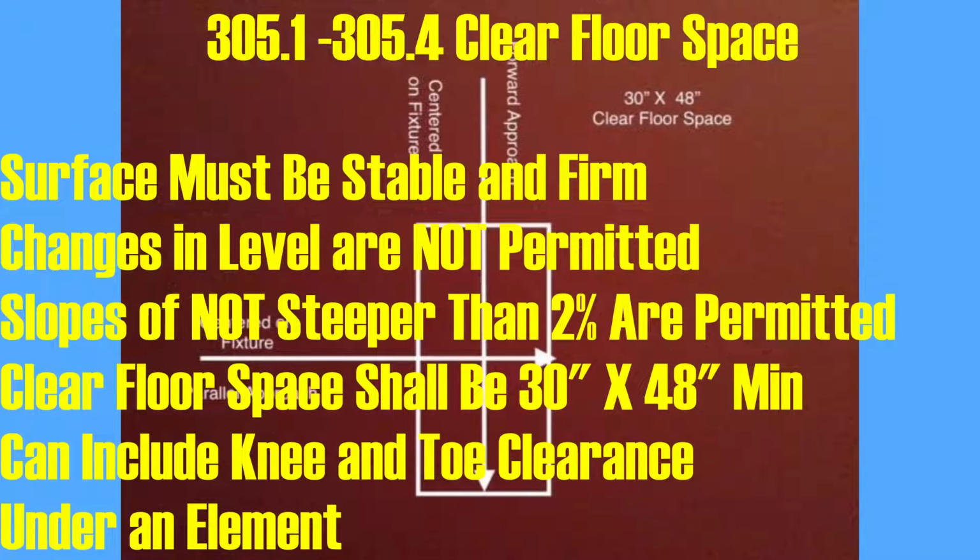Sections 305.1 through 305.4, clear floor space. Surface must be stable, firm, and slip resistant. Changes in elevation are not permitted. Slopes of not greater than 2% are permitted.